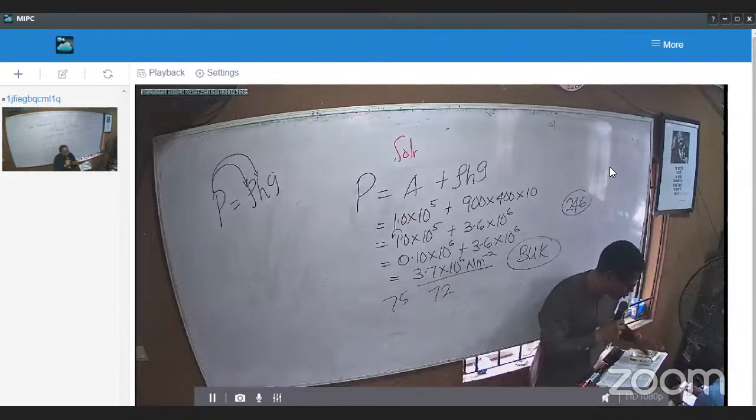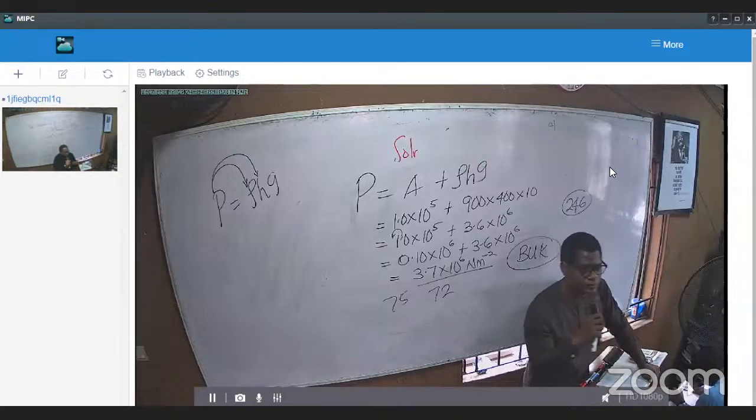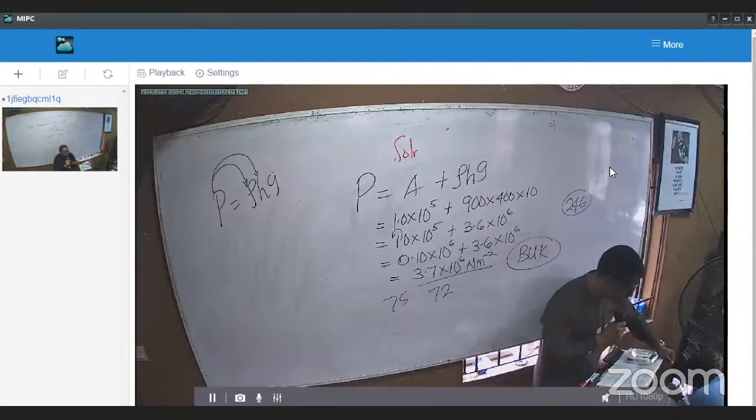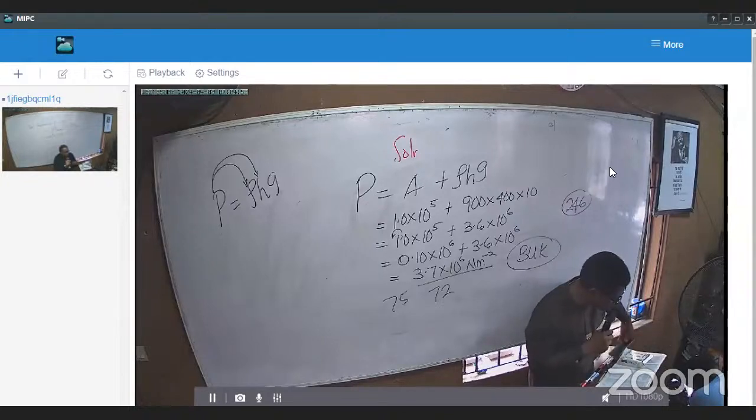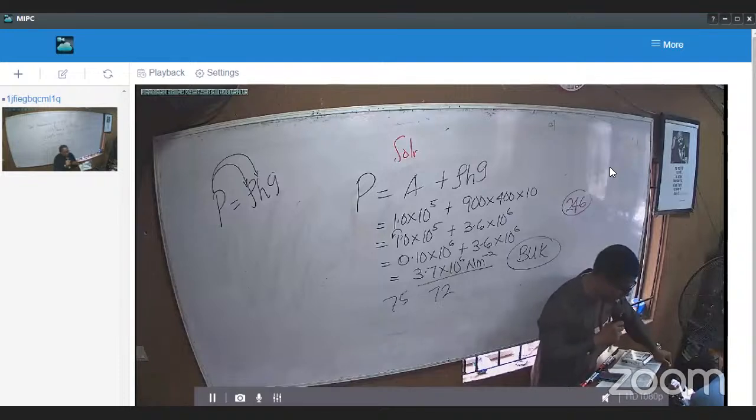Number 10 now. The pressure in a liquid. Option A: is the same at all points in the liquid. Option B: decreases with depth.